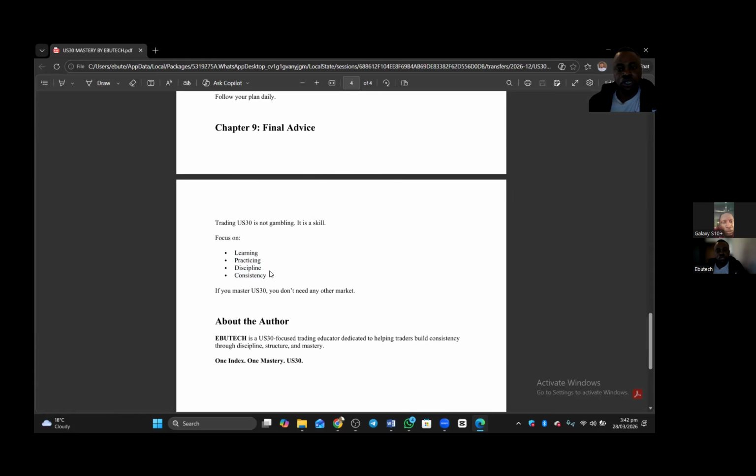You become a good trader and you start seeing money. Forget about money now. When you master these four things, money will come. Money will be pursuing you.